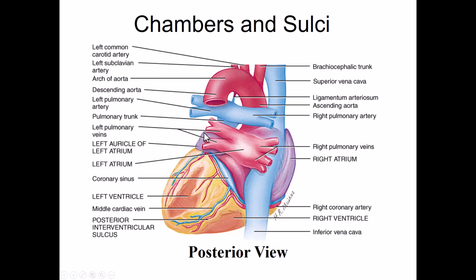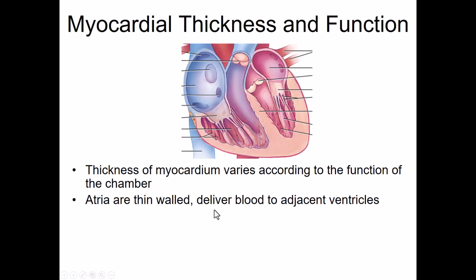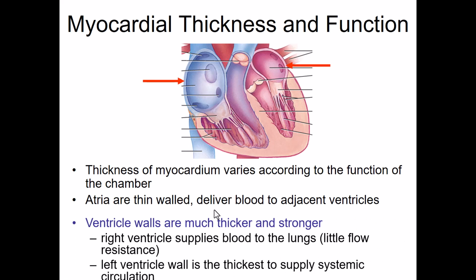This is your left auricle over your left atrium, right auricle over your right atrium, coronary sulcus, posterior interventricular sulcus. It's hard to see in some of the figures. Here we see labeled the right atrium, right ventricle, left ventricle.